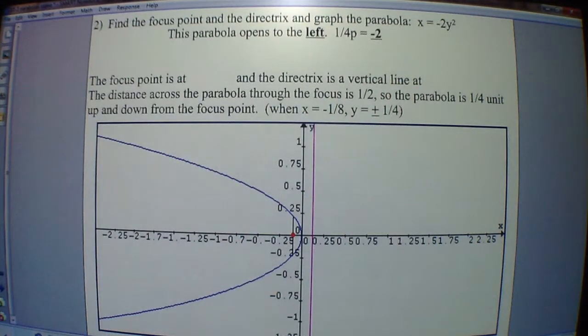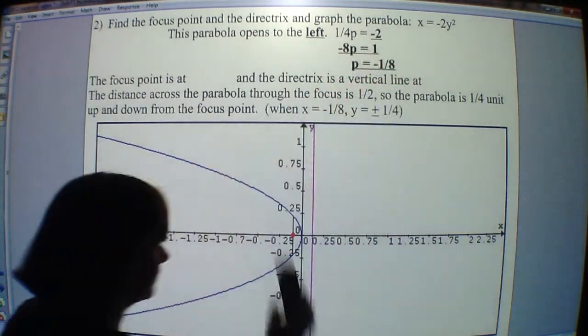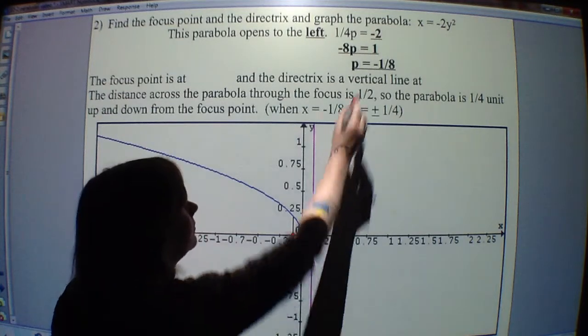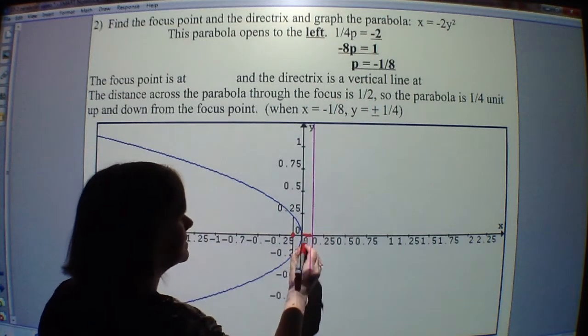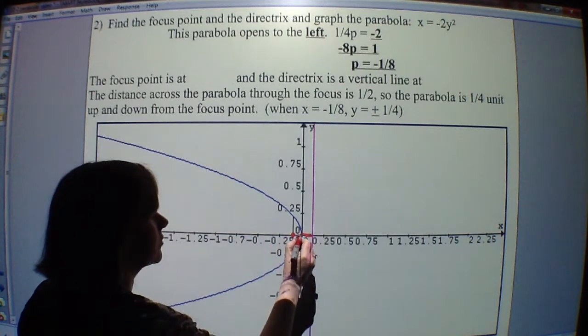Multiply each side by 4p, you have 1 equals negative 8p. And so the distance p ends up being 1/8. So this distance, forget about the plus or minus for now, is 1/8 from the vertex to the directrix.